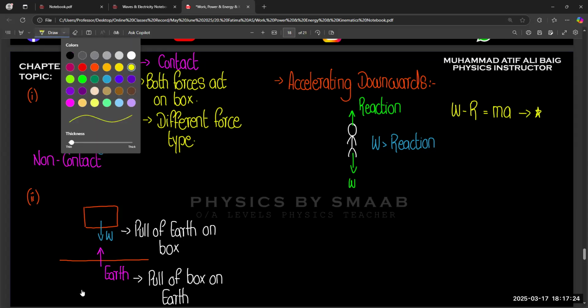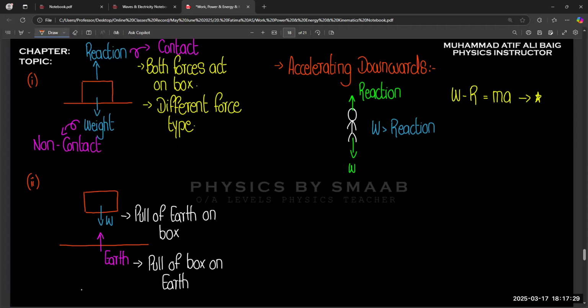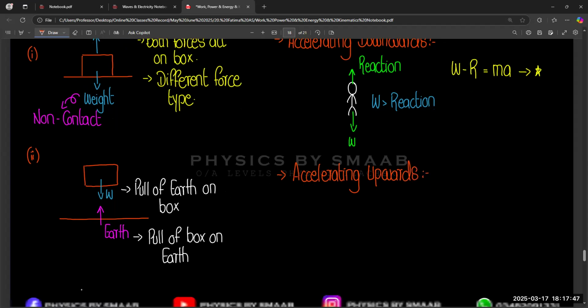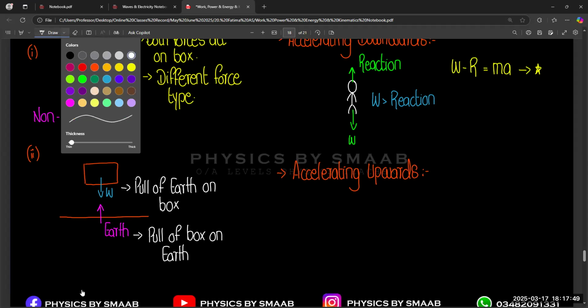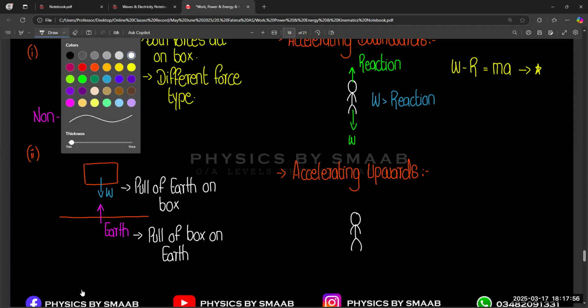And for example, if we are moving in upward direction, accelerating upward in the elevator or in the lift, so when it is accelerating in upward direction, in this scenario, what happens?